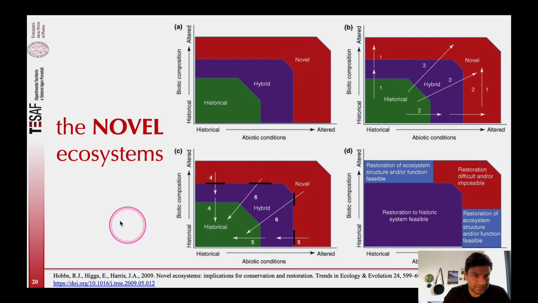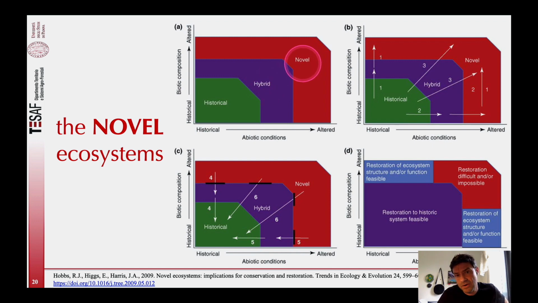And here I would like to bring a very interesting discussion that came up in 2009, 2010 by Richard Hobbs and other researchers associated with him, which is the novel ecosystem. Here we have a chart that shows the historical, or let's put it this way, the natural ecosystem, and then a hybrid ecosystem when people start to manage it.